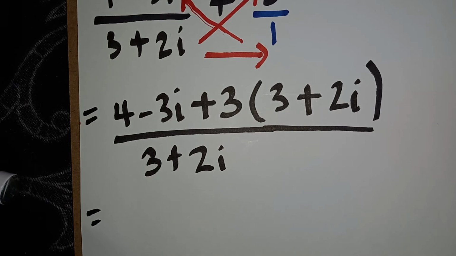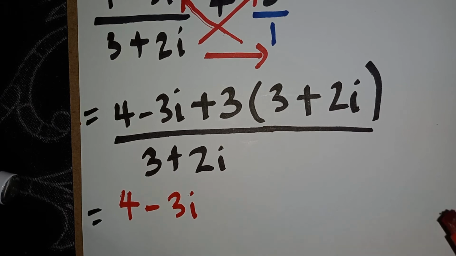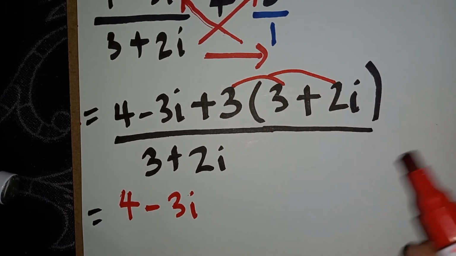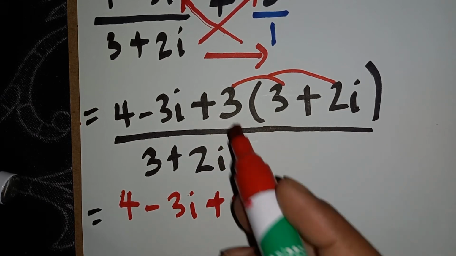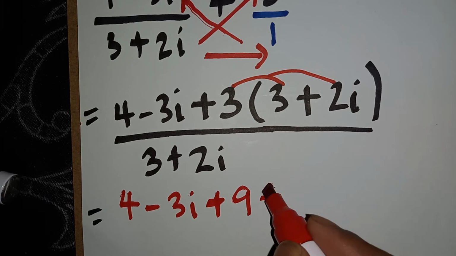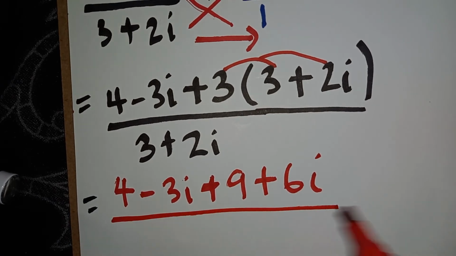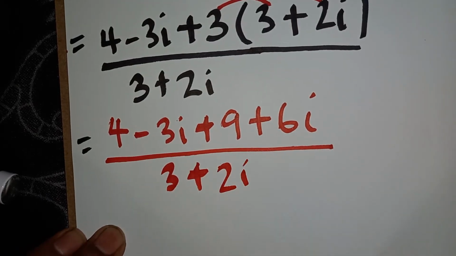So you'll have 4 minus 3i, and then you have a constant outside the parentheses, so it is going to distribute in. So 3 times 3 will be 9, and 3 times 2i will be plus 6i. And then everything is going to be divided by 3 plus 2i.